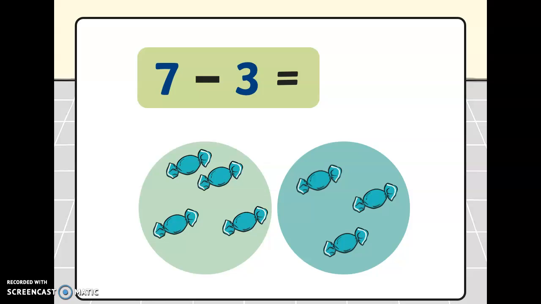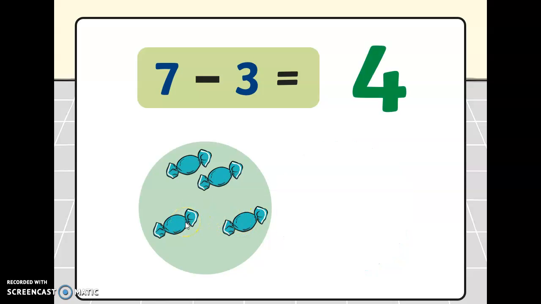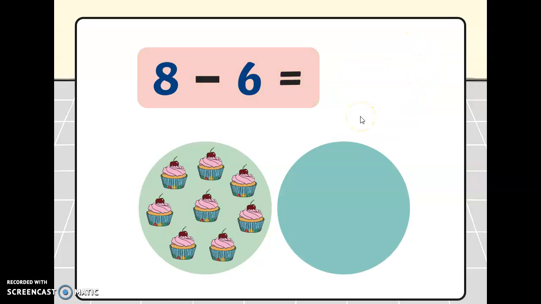Okay, how many fingers have you got left, boys and girls? You had 7, you've taken 3 away. How many fingers are left? 1, 2, 3, 4. Well done, everybody. If you had 7 sweeties and your mummy took 3 away, you would have 4 sweeties left.